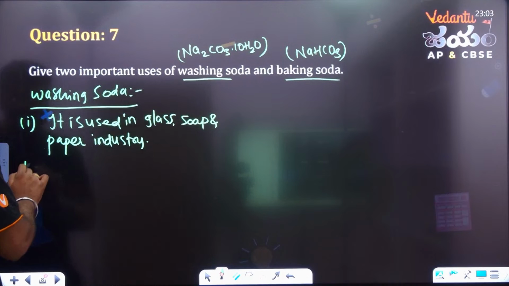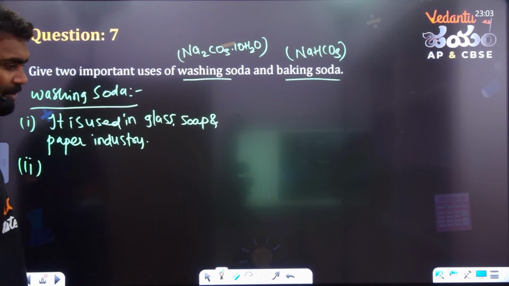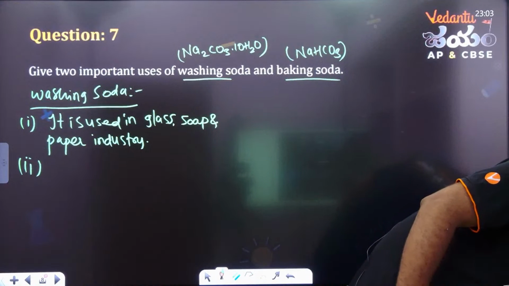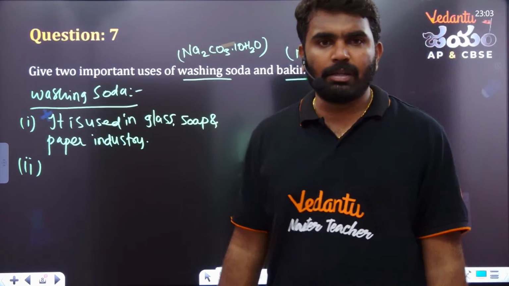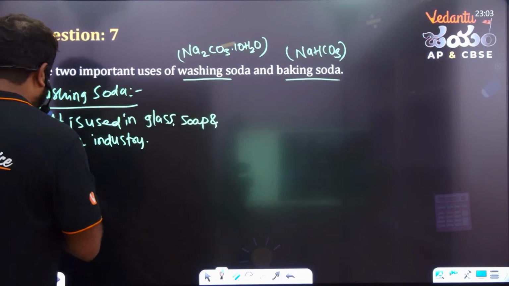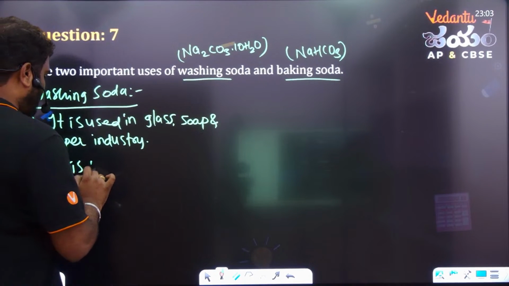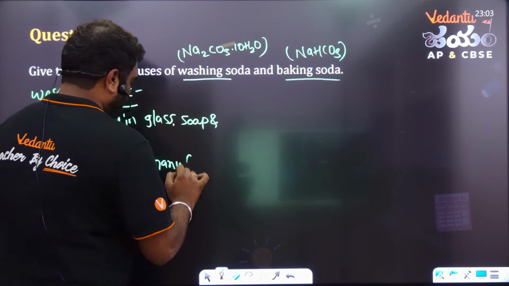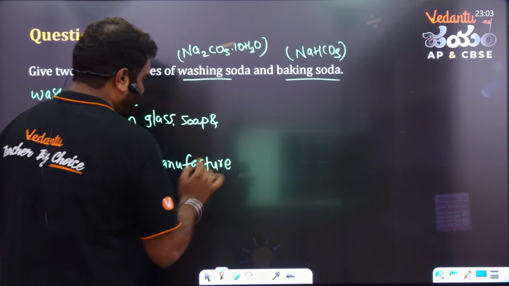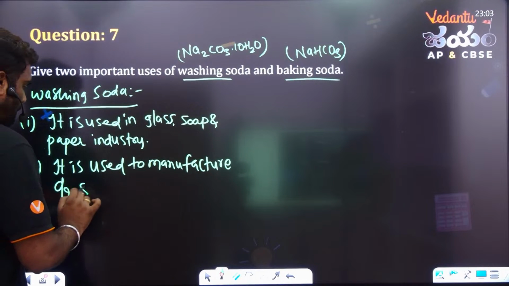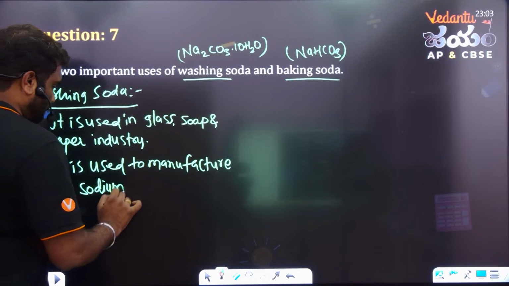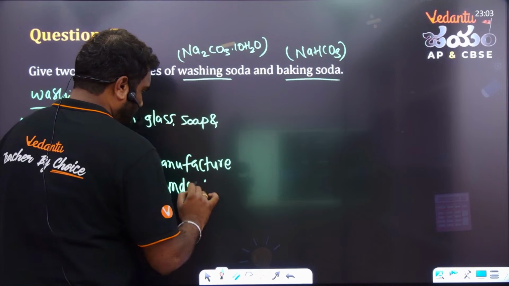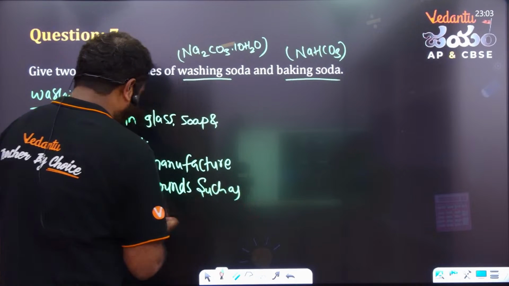Okay, so next question, what is next, beta? What is the next use for us? It is also used to manufacture sodium compounds, such as what beta?